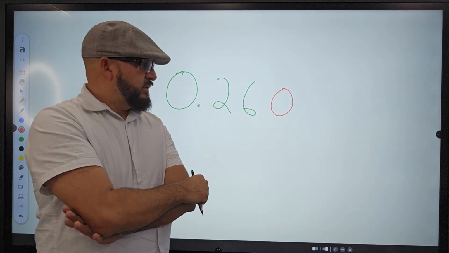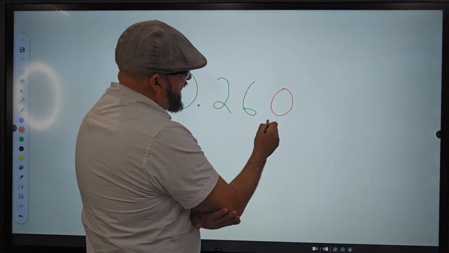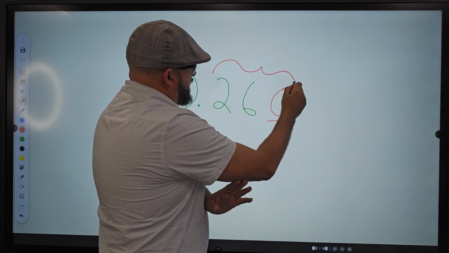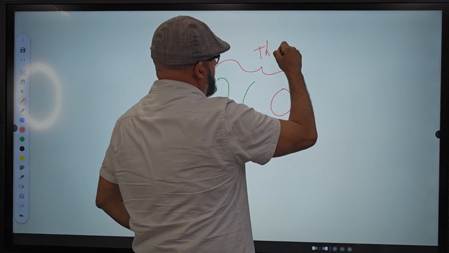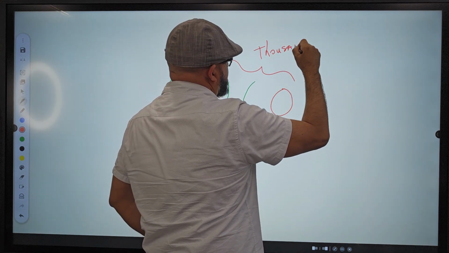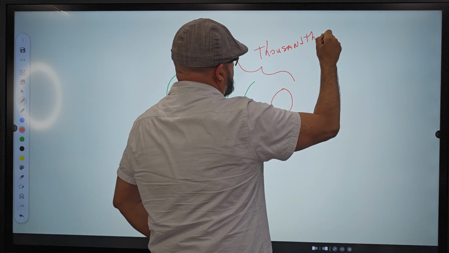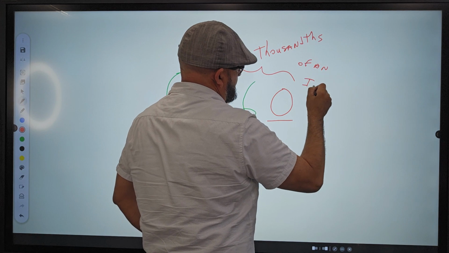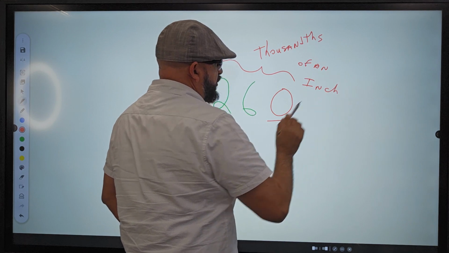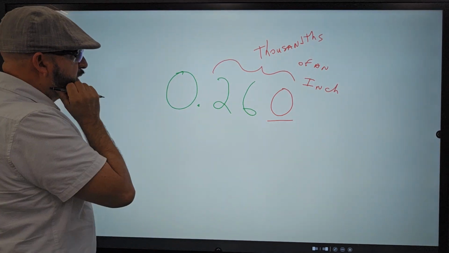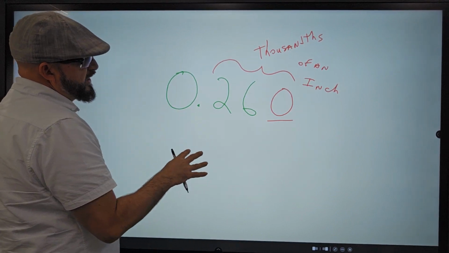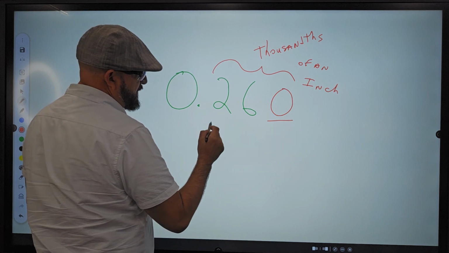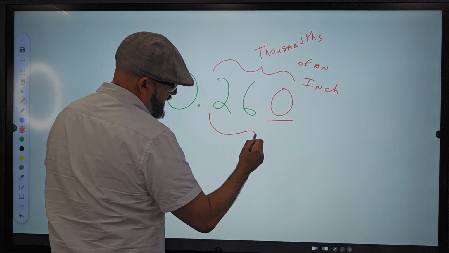So what they did is they added an extra 0 here so they can read this in the thousandths of an inch. You may not have a complete number in a number that you're reading, but you need to complete this number to 3 places after the decimal.